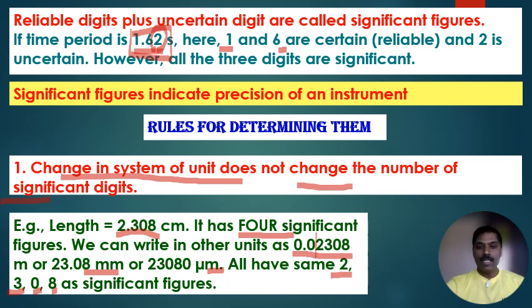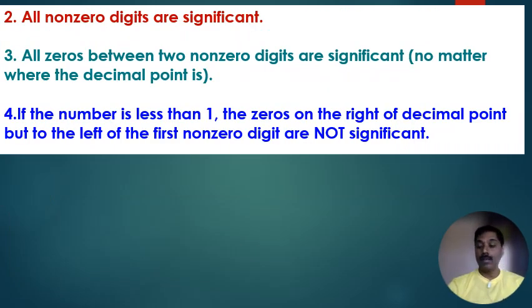Then what about the 0 before the decimal point and the zeros after the decimal point? If these are the only 4 significant figures, and in this example 2, 3, 0, 8 are the significant figures, then what about this 0? Let us understand what rules are to be used in order to count the number of significant figures. All non-zero digits are significant. This is the second rule.